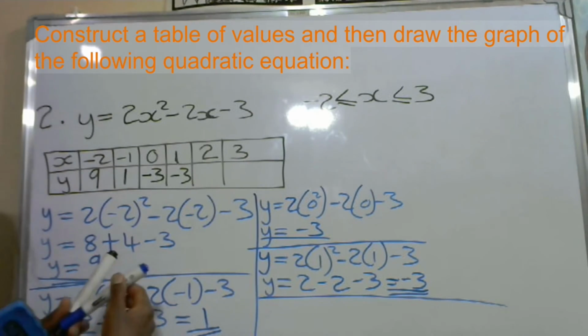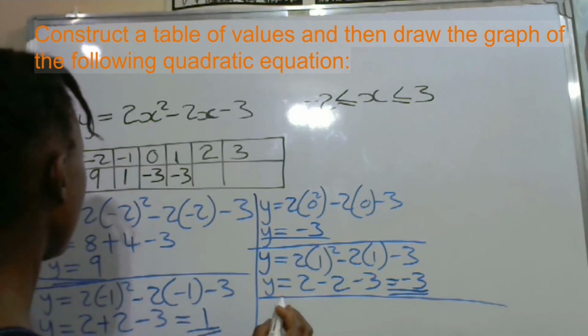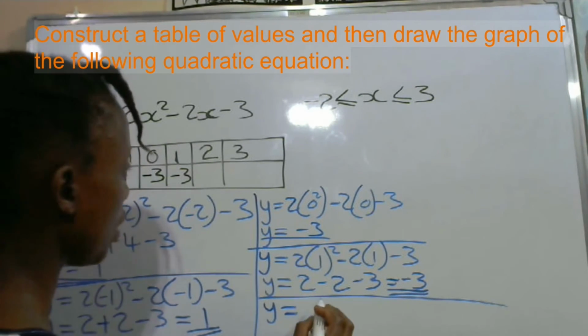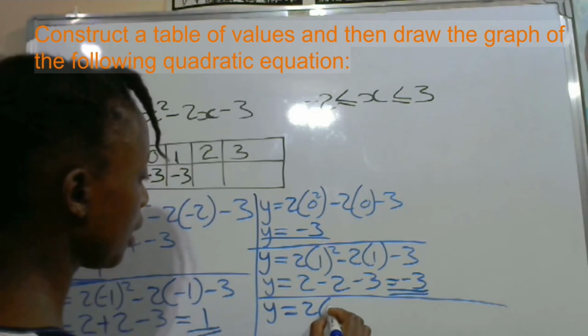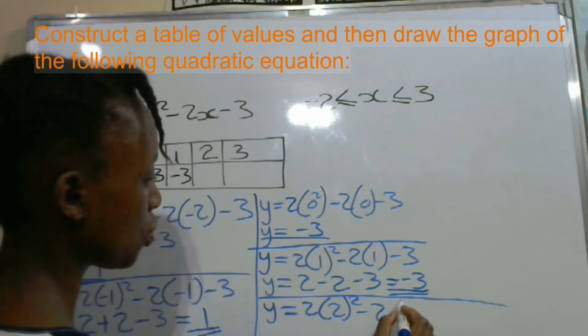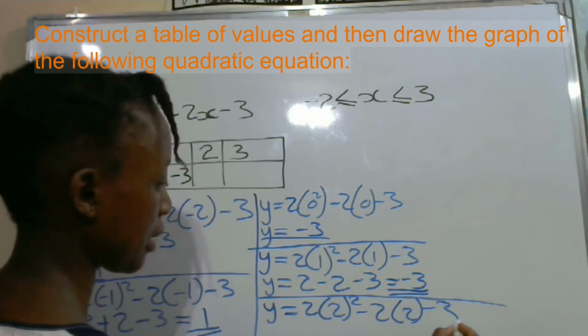So let's see when x is 2. So when x is 2, our y value will be 2 times 2 squared, minus 2 times 2, minus 3.